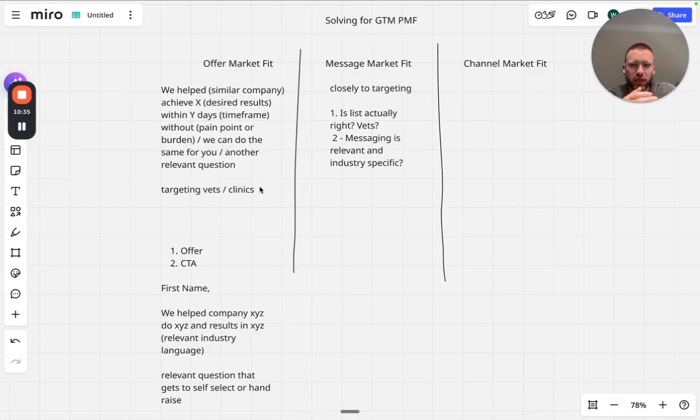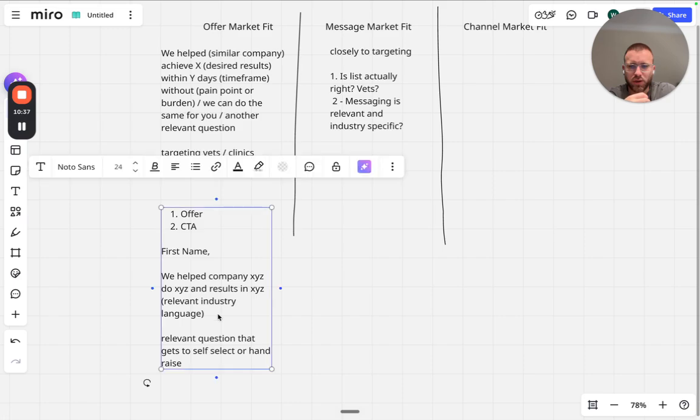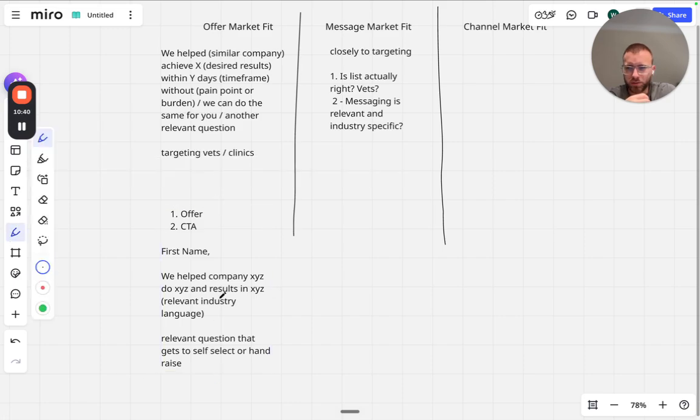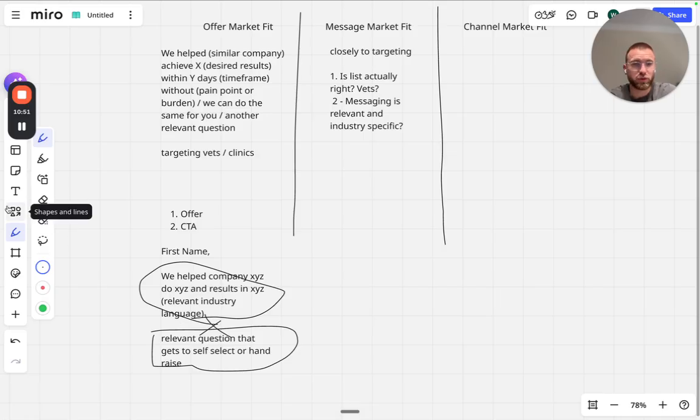But when it comes to actually testing for this, you can take this section right here, it's a terrible circle, and then you can take this section right here, and you can test between both of them.